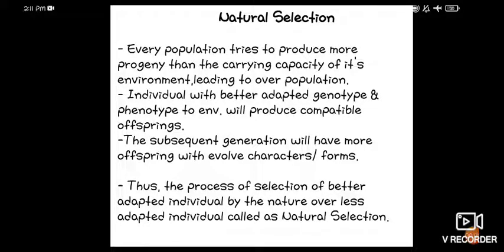Every population tries to reproduce more progeny than the carrying capacity of its environment, leading to overpopulation. The genetic variation induces new phenotypes in a population, of which some are useful and some are harmful.